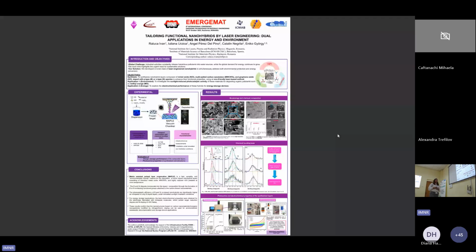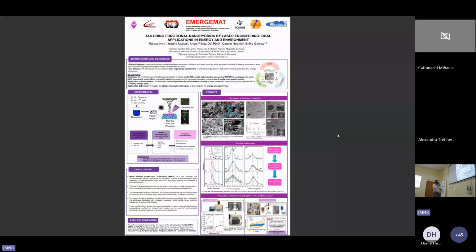And as a technique, we use a laser-based technique called matrix-assisted pulsed laser evaporation, or MAPLE for short. Why did we choose this technique? Because it allows us to reduce graphene oxide during the laser processing in order to obtain a graphene-like material called reduced graphene oxide.